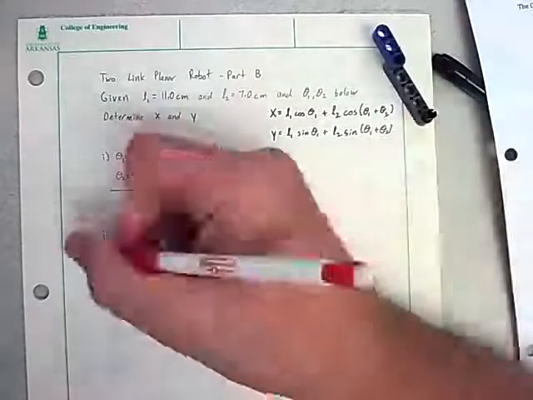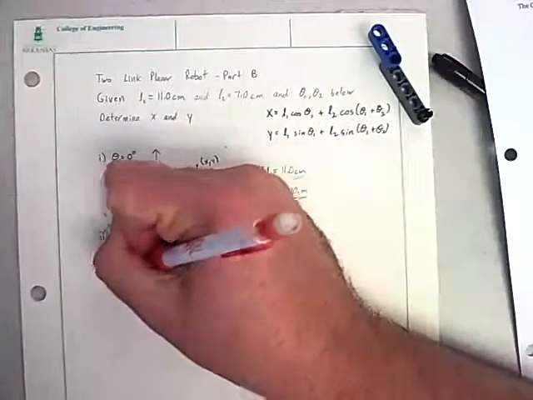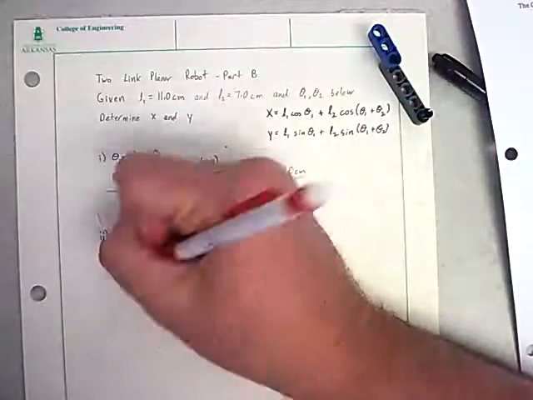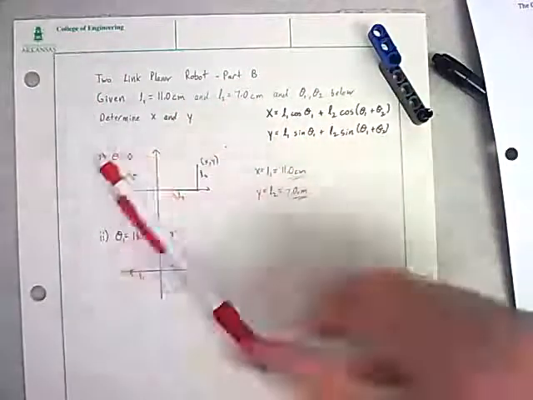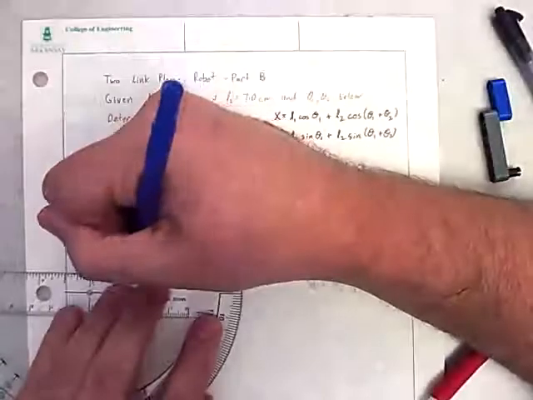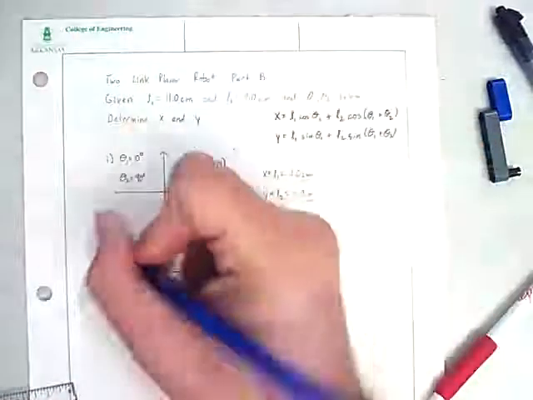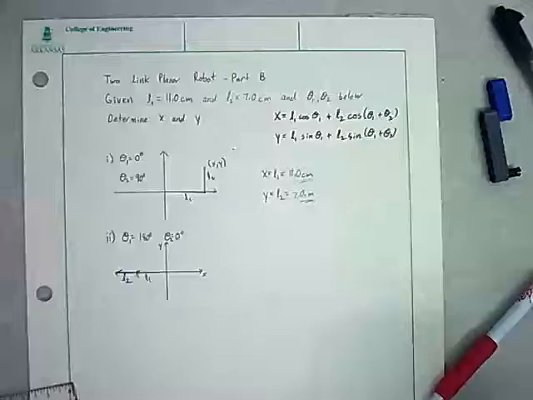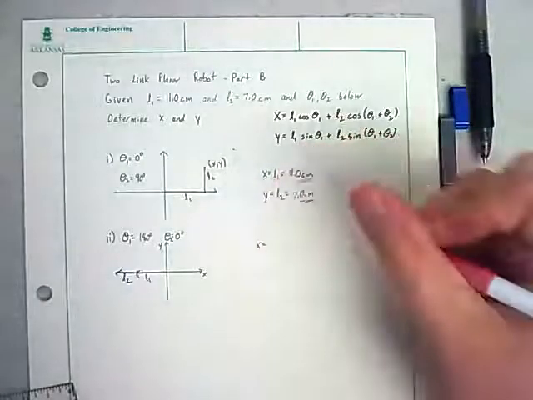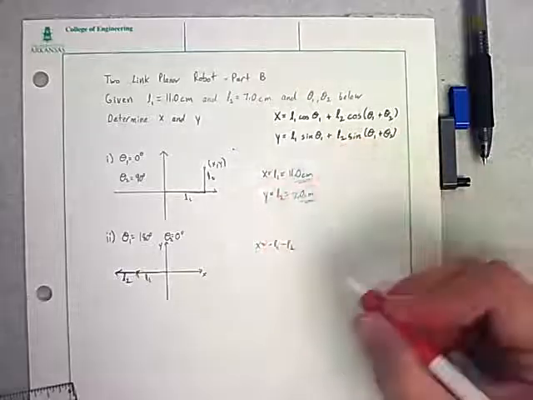So what I have here is a situation where this is L1, and L2 keeps going in that direction. So X is going to be minus L1 and minus L2.